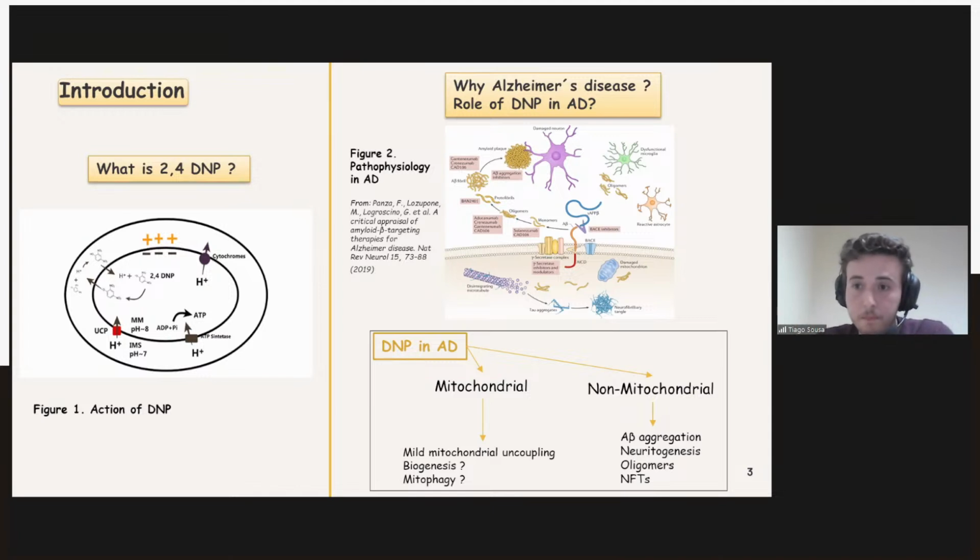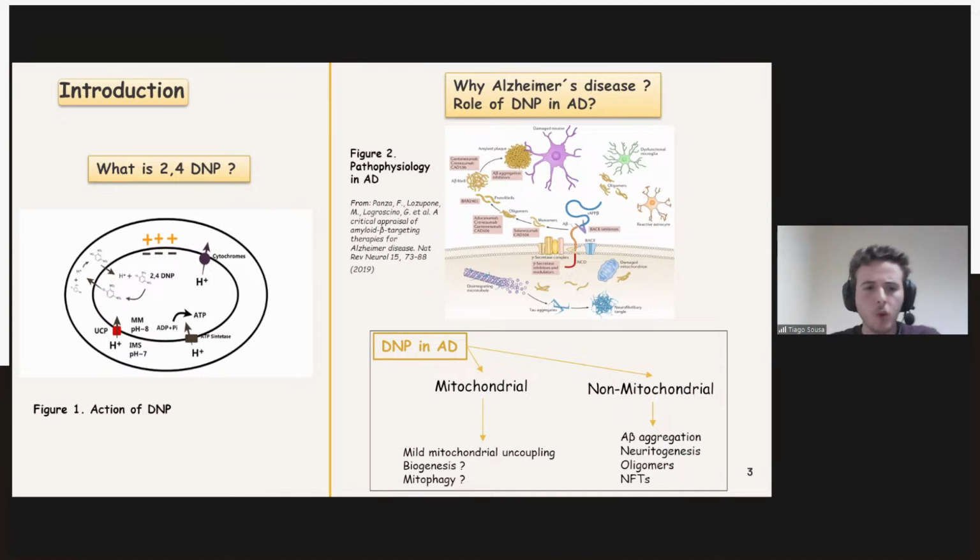And 2,4-DNP is a mitochondrial uncoupler used previously in high doses for weight loss, and now we want to see if it has any important and relevant neuroprotective effects on this pathology.